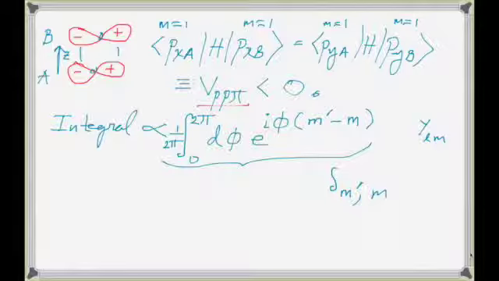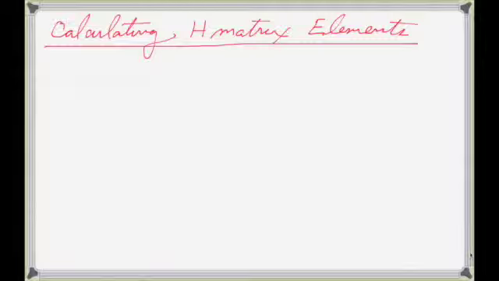Okay, so on to calculating the Hamiltonian matrix elements for our crystal, which will be either silicon or gallium arsenide, diamond or zinc blende. So the first thing you do is define your coordinate system, because this is going to define all the signs of your orbitals.